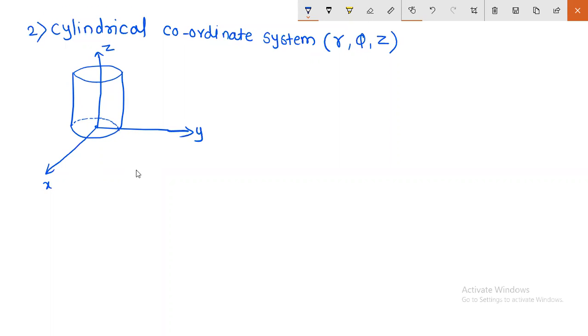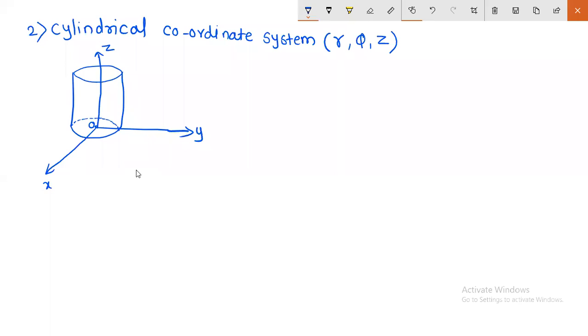Okay, so this is your cylinder and this is your origin. Concentrate first and then I'll give time to write, because here understanding is more important.